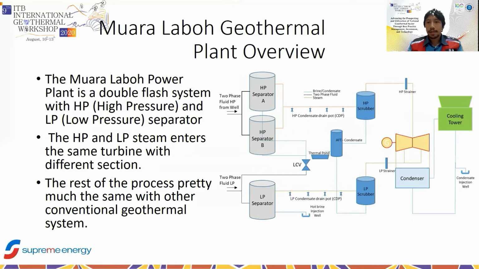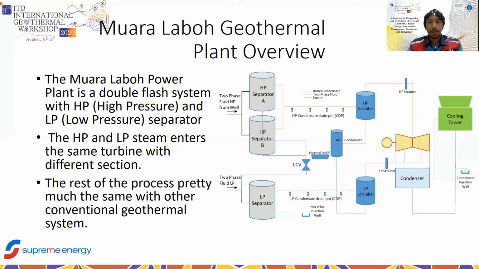And this is the power plant overview. We have an HP line, high pressure line, and an LP, or low pressure, line. The HP line is dedicated to HP wells, or high pressure wells, separated on their own.